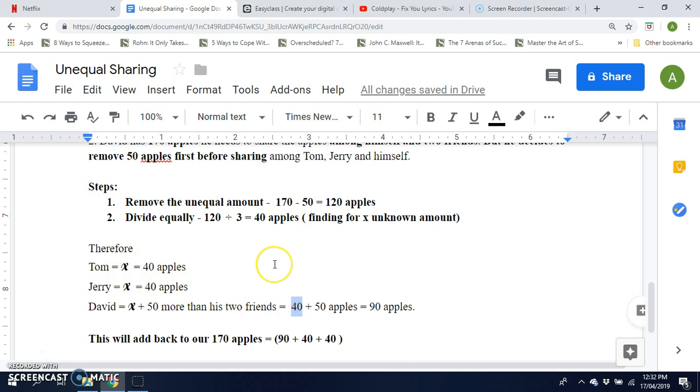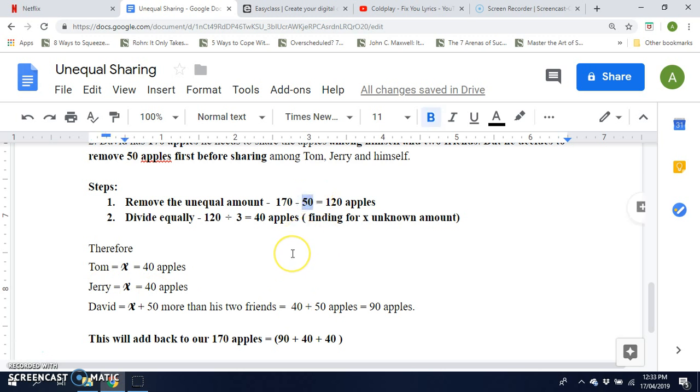And then David leaves them. That is what I need you to understand. David had 170 when he walked out of the jungle with all of those apples. He met up with Jerry and Tom. But before he walked across to Jerry and Tom, David said, you see me? We here stuck on this island. Let me put aside 50.